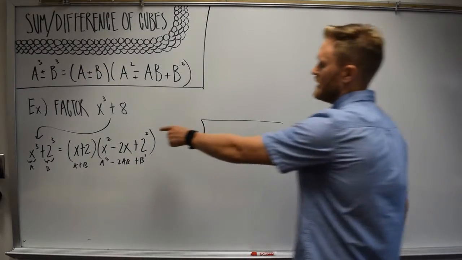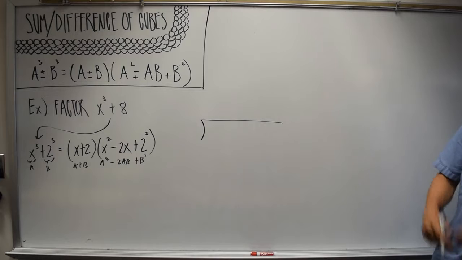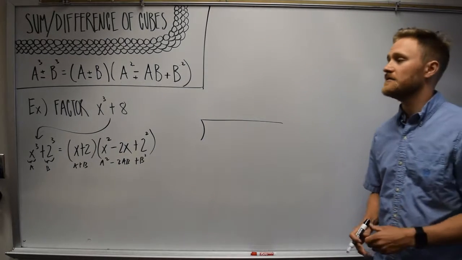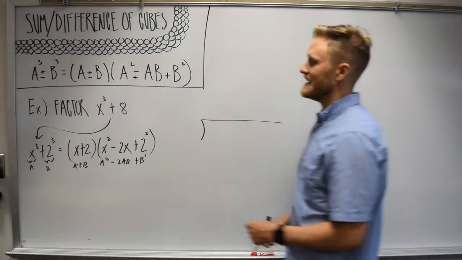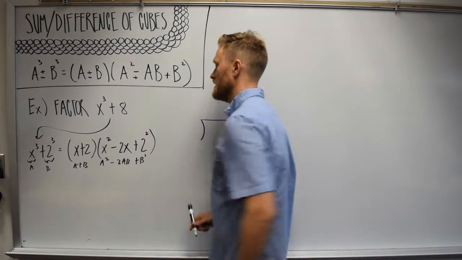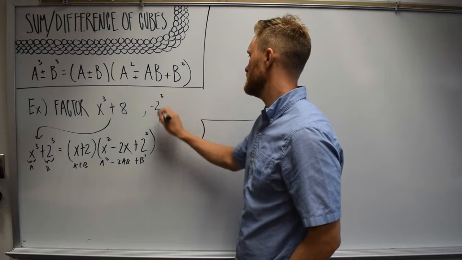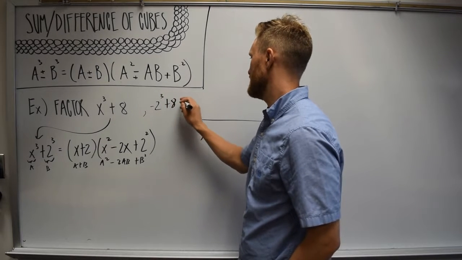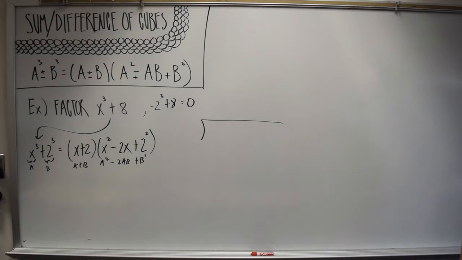So when I look at x cubed plus 8, most of you probably look at that and can think of a solution right off the bat. If I take negative 2 and cube it, so negative 2 cubed plus 8, that actually gives me 0. So negative 2 is one of the zeros.